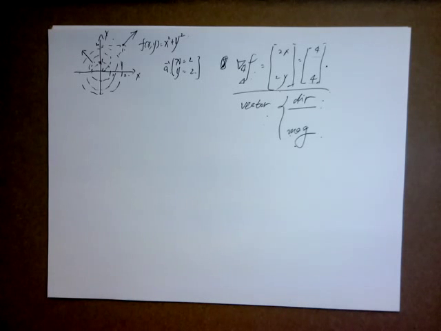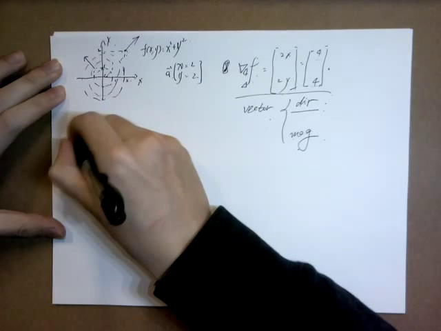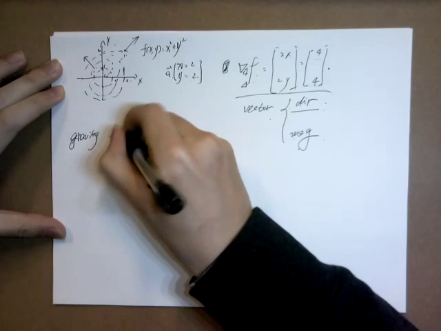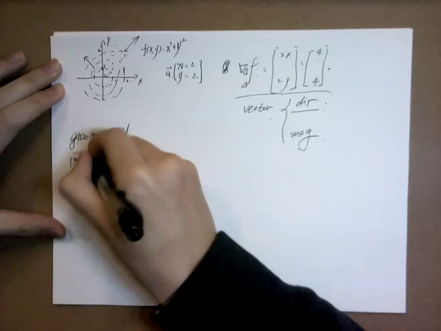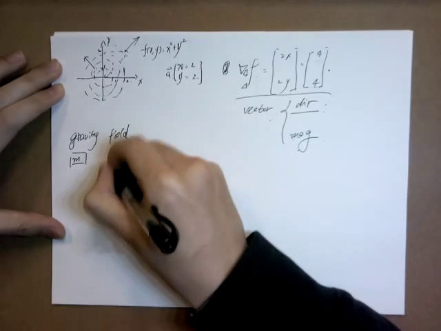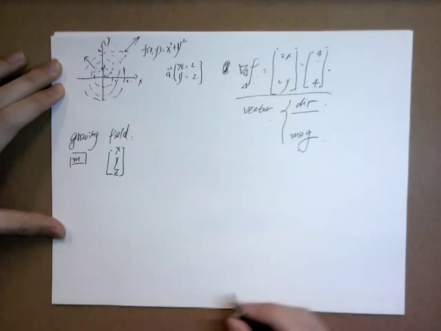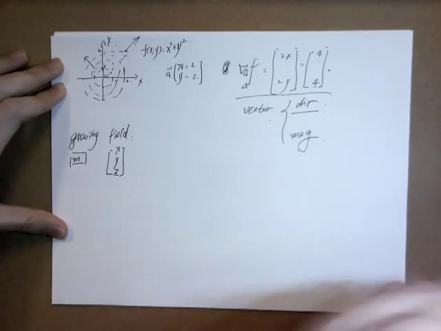Right. So I'm actually going to use another example. So let's see the gravity field. If I have an object with mass equal to m, and it also has the coordinates x, y, and z. So what is the potential energy of this object?